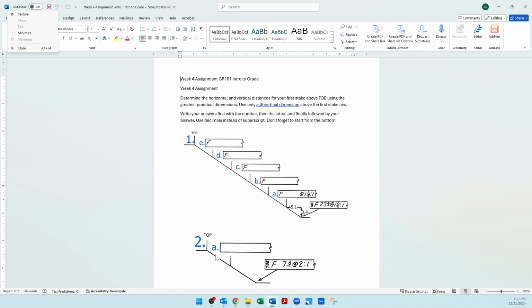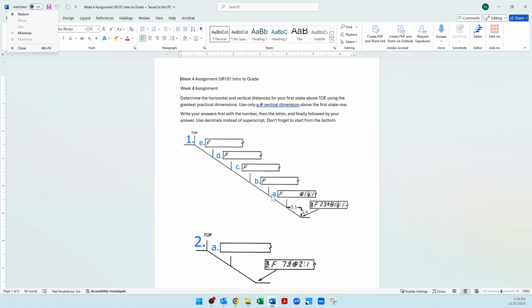Now there's one more situation to deal with, building a slope, and that's this number 2 here. So let's go back up here before we finish this off and see what it said. Determine the horizontal and vertical distances for your first stake above toe. We did that, by taking the highest multiple of 4 and subtracting it from the total fill, which is 23.4, and that leaves us 20.